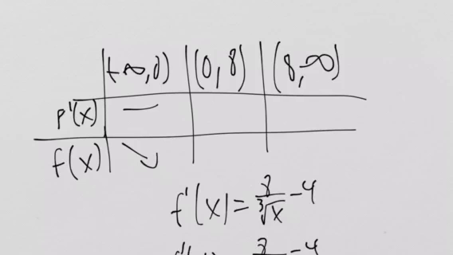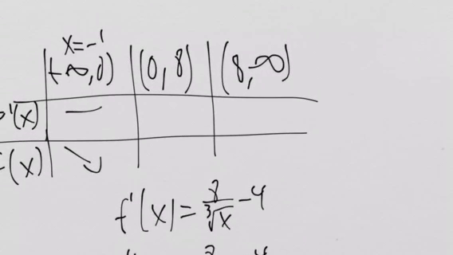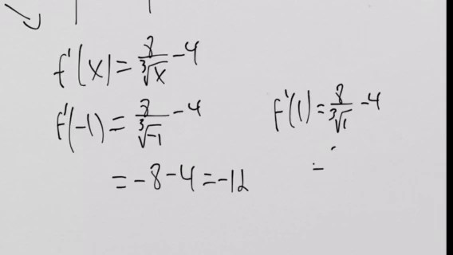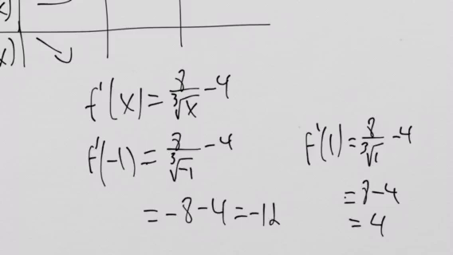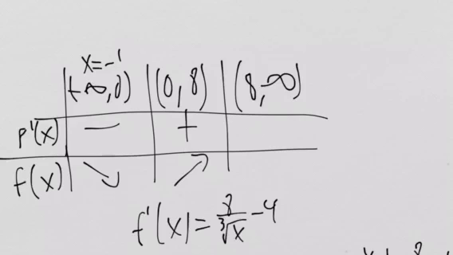Now we can pick x equals 1 in the next interval. f prime 1 is 8 over the cube root of 1 minus 4, which is 8 minus 4, which is 4, which is positive. So now we're increasing.